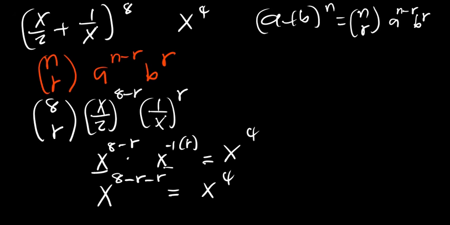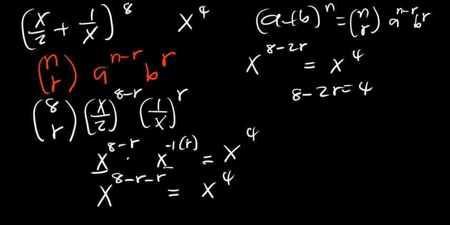So then that becomes x to the power 8 minus 2r is equal to x to the power 4. If the bases are the same, you cancel them and equate the powers to each other. 8 minus 2r is equal to 4.